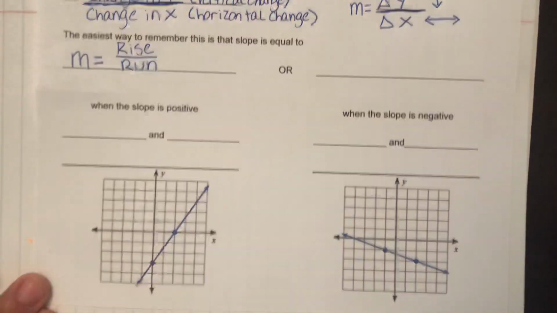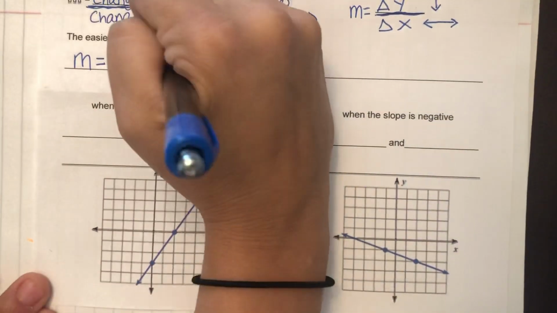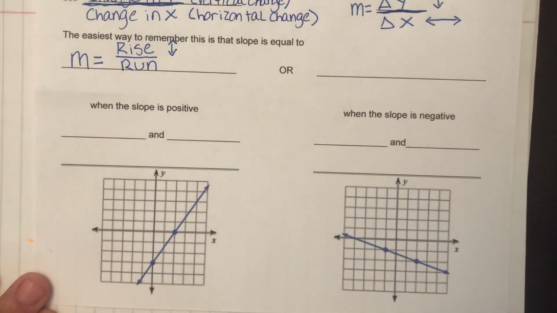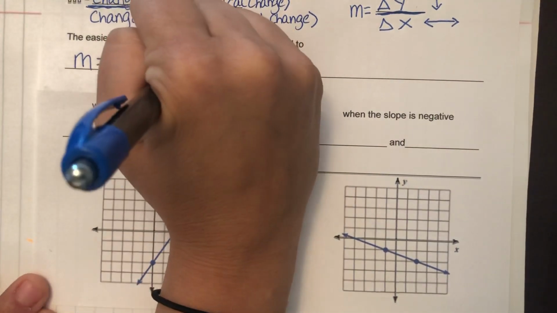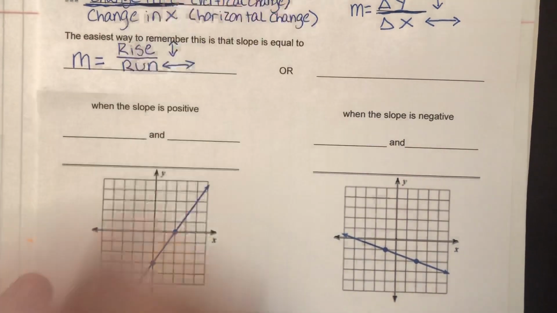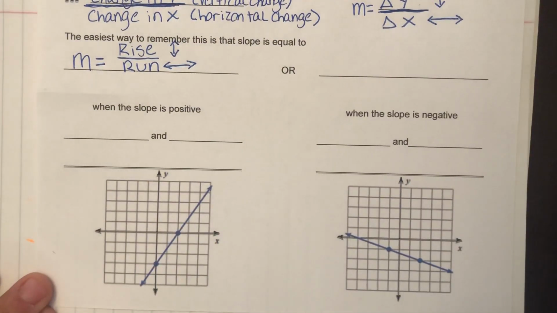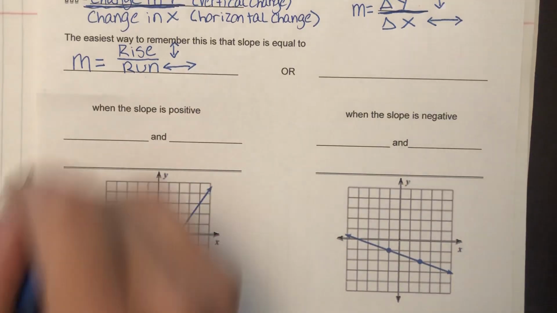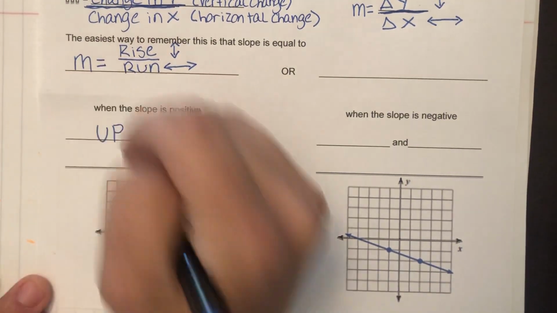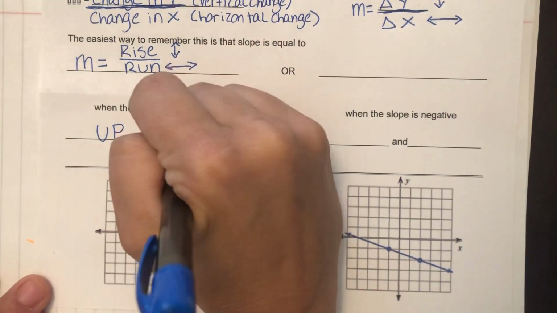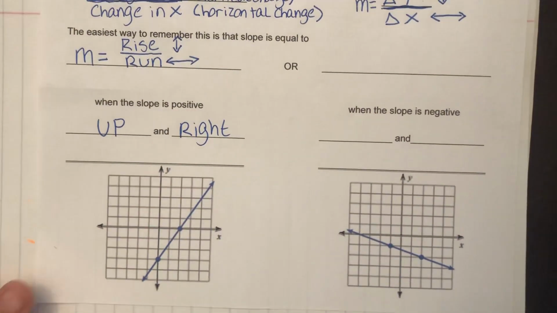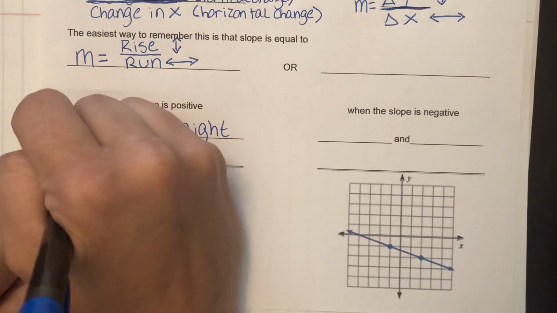So you calculate how many units up, that's your vertical change, and how many units to the right, that is your horizontal change. So when you're rising, you're going up. When you're running, you're going to the right. And again, that is for a positive slope.